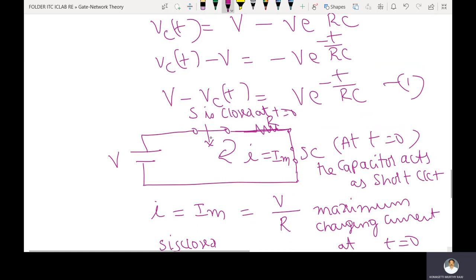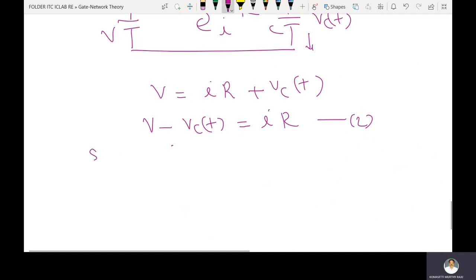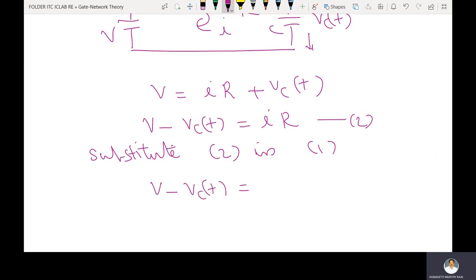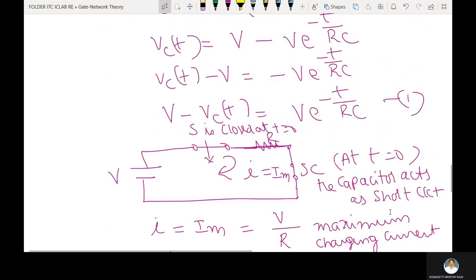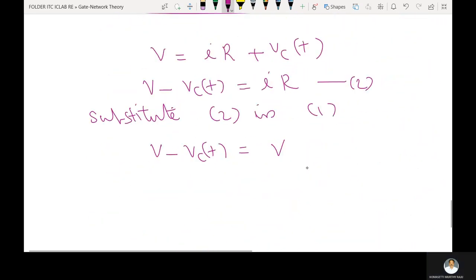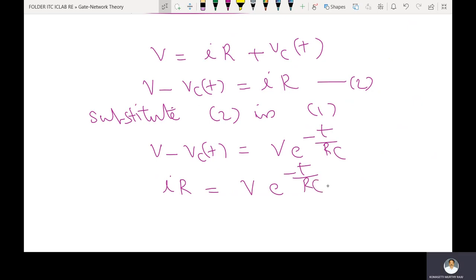From the first equation, V minus Vc of t is equal to V into e power minus t by RC. Since V minus Vc of t is IR, IR is equal to V into e power minus t by RC.